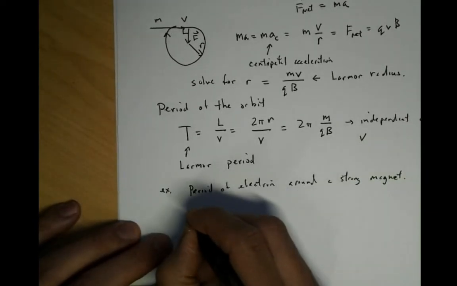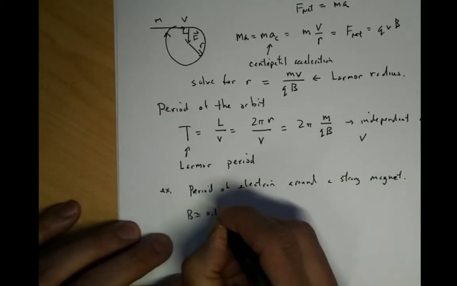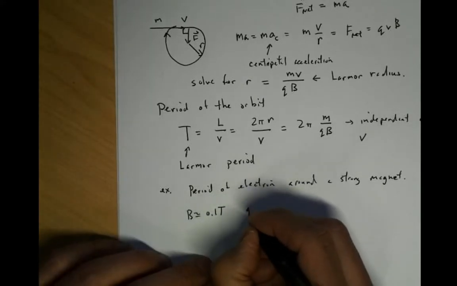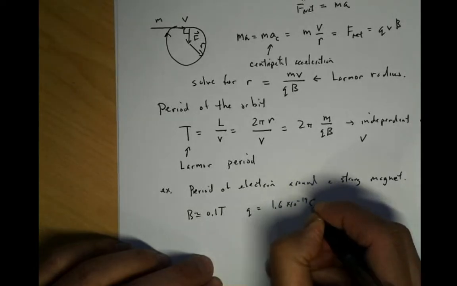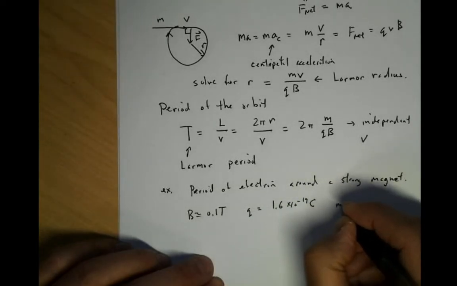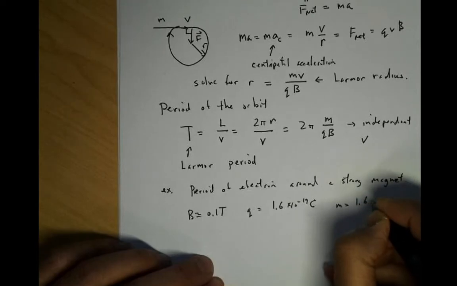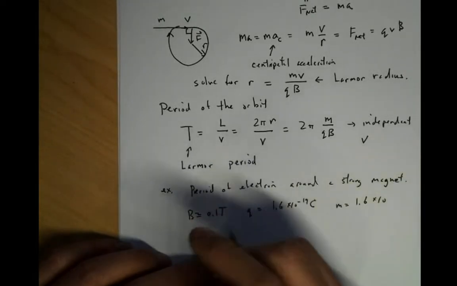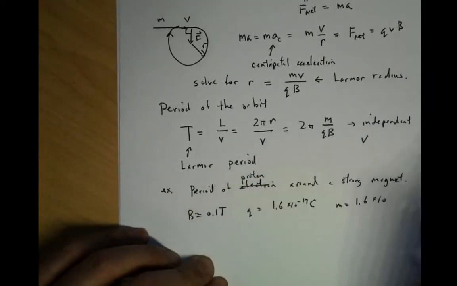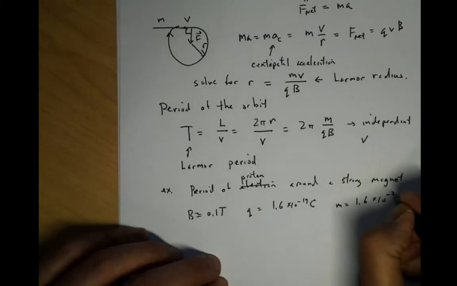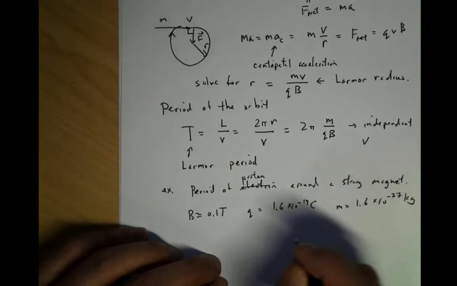So in that case, B is approximately 0.1 Tesla or so, right? Q is equal to basically 1.6 times 10 to the minus 19 coulombs. And the mass of the proton is, sorry, 1.6 times 10 to the minus 27 kilograms.